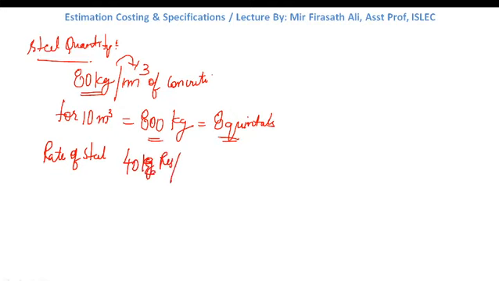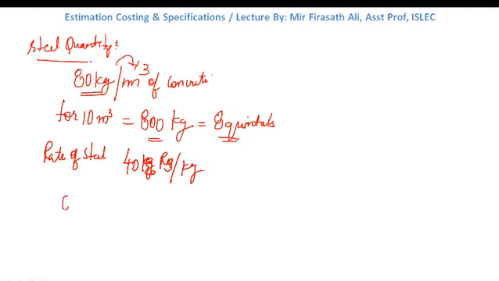So if you multiply 800 kg into 40, the cost will be 32,000 rupees.